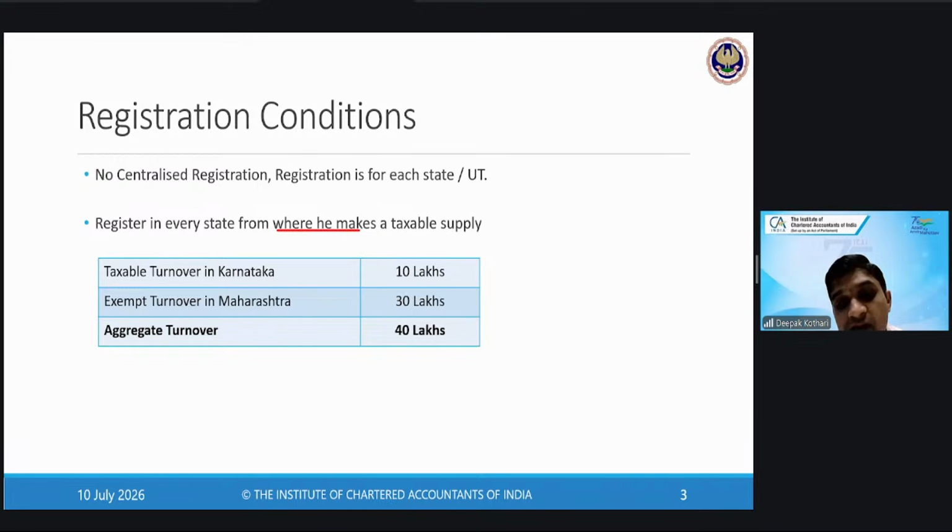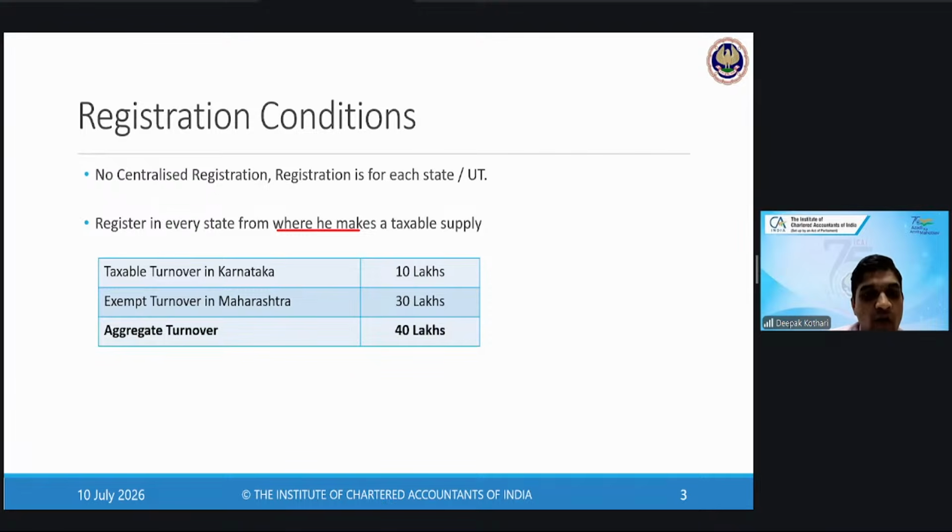And Amar is saying registration in both the states. Aggregate should be taken for both the states, but registration in only Karnataka.